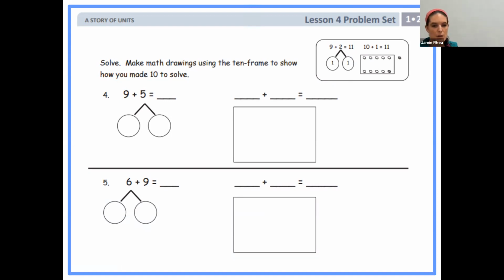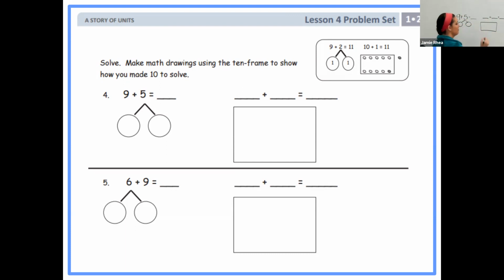All right, so I'm gonna set it up just like they have it, 9 plus 5 equals something. We don't know what that something is yet, but we're also gonna break apart our 5. Then we're gonna have blank plus blank equals something in their box. Okay, now I'm gonna draw.